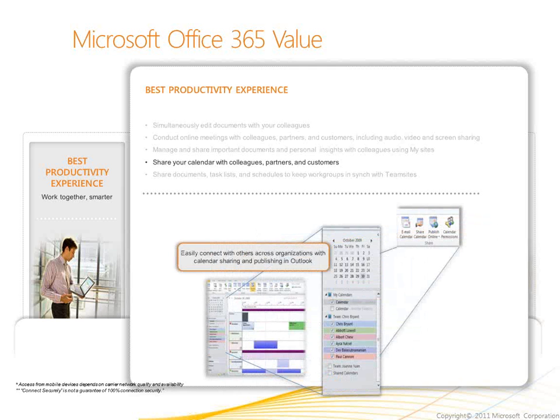Also calendaring, we have full calendaring capability with the Exchange Online portion. We could publish our calendars in Outlook, share them with partners, and send messages or meeting requests to people, of course. Everything works just as seamlessly as it always did, but now our information is online instead of on a local server.